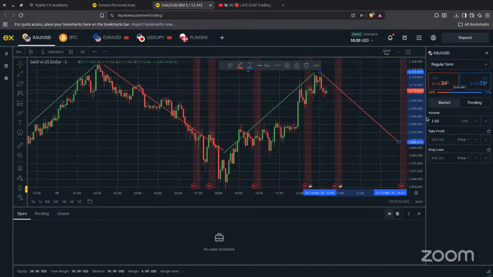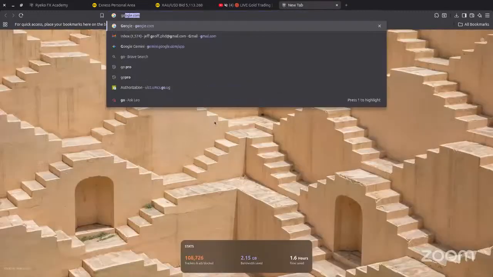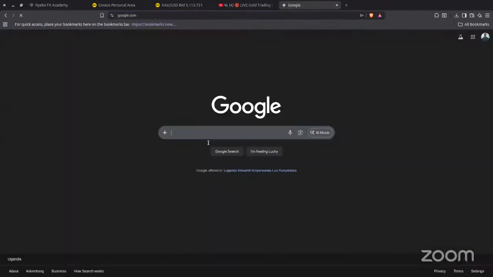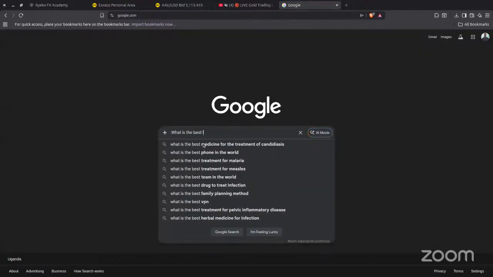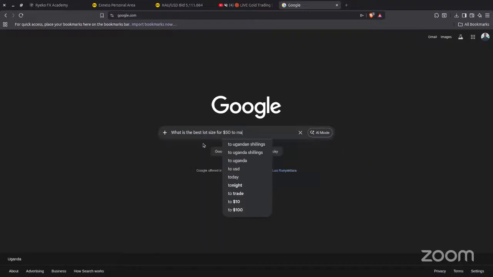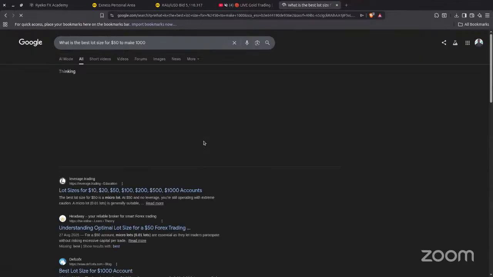But before we take on a buy, we need to calculate our lot size. So what is the best lot size for 50 to make 1,000? 1,000 is quite possible.